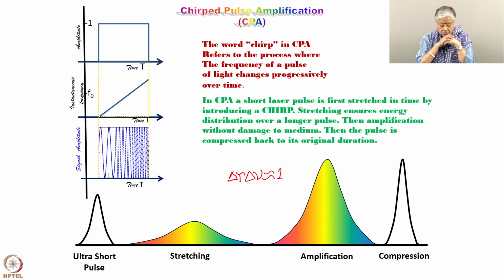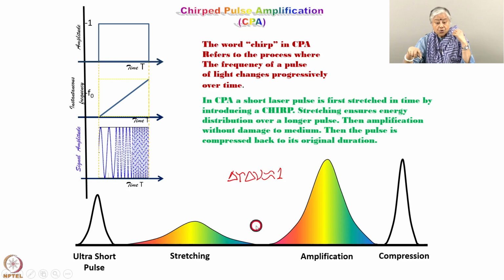So, if your delta nu is large, then your delta t is small. These are inversely proportional to each other. The bandwidth is large, your time becomes short.